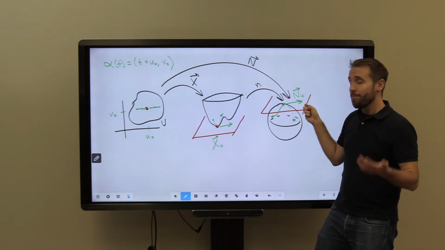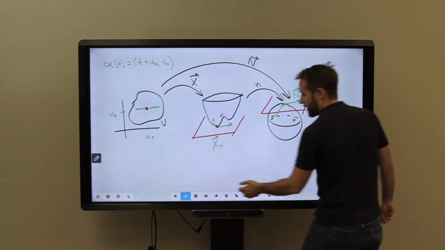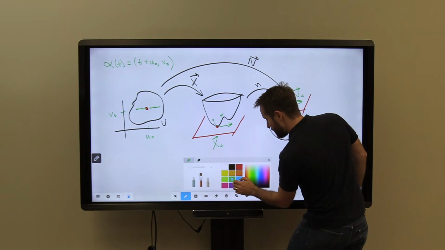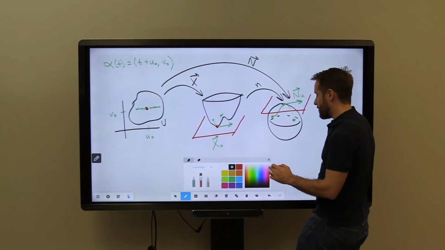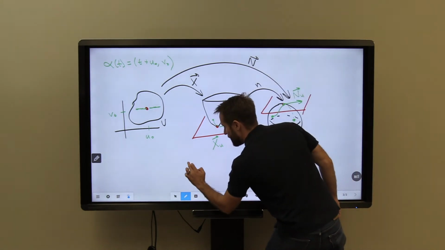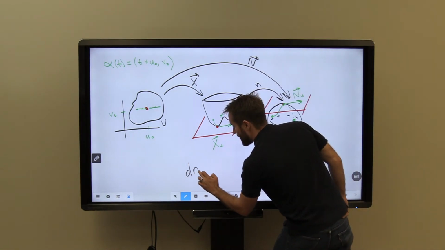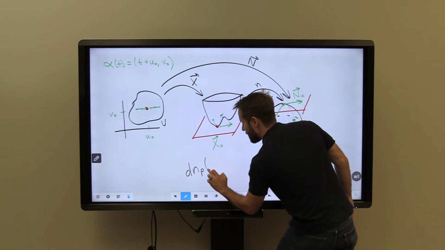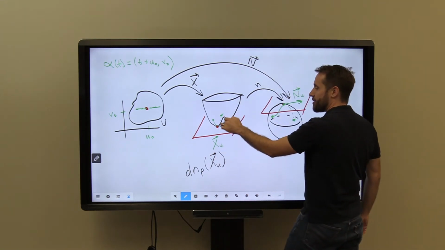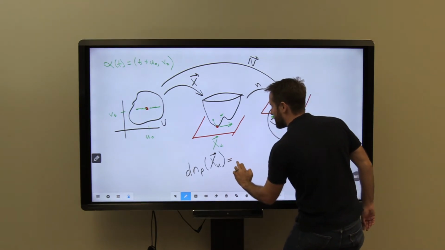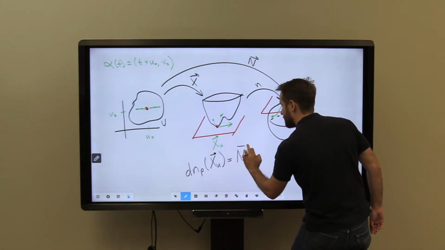But what we have proven, and I'll switch to a darker color just to make sure it's visible, is that if we take the differential of our n at the point x sub u, so at the vector x sub u here, the end result is n sub u.